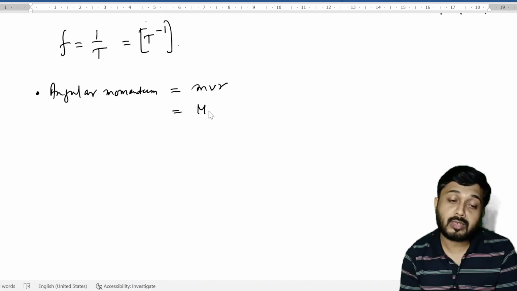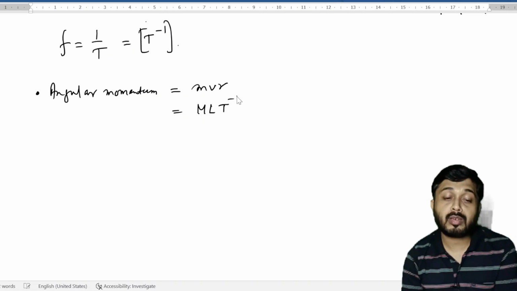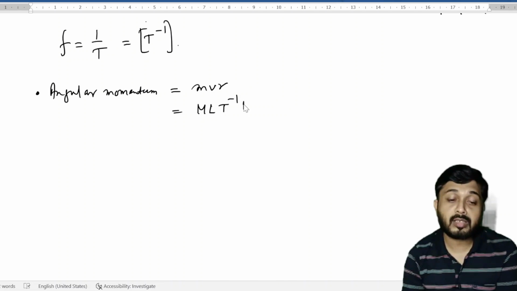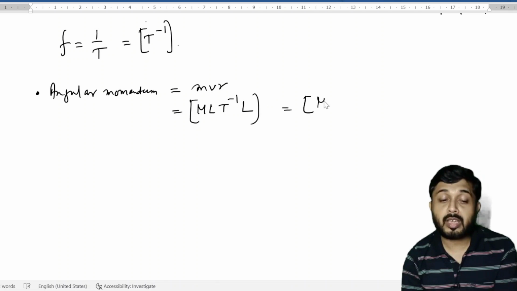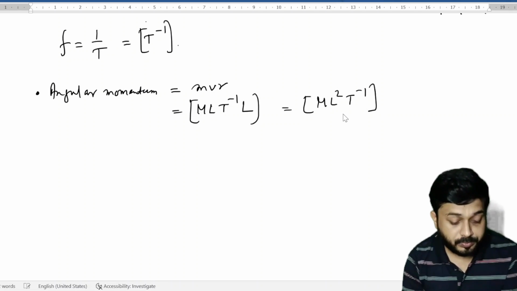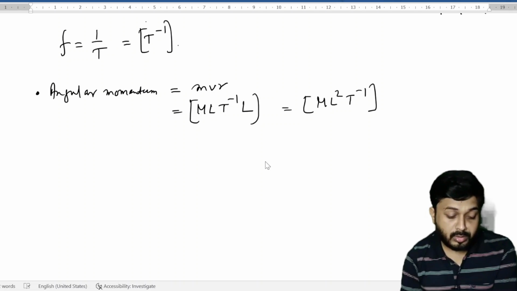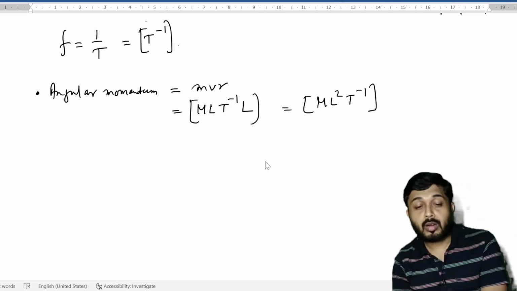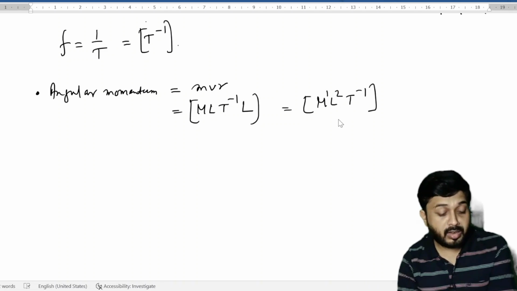Mass means capital M should come. v means L t to the power minus 1 should come. r is nothing but a length, another L should come, right? So finally you are getting M L square t to the power minus 1. So the dimensions are 1, 2 and minus 1 on M, L and t.